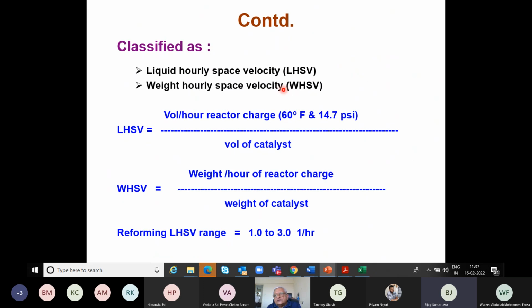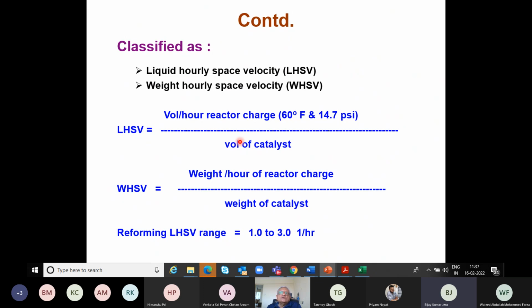And how do you calculate the space velocity? It is the volumetric flow rate, that is the total meter cube per hour of the total feed, that is the naphtha plus the recycle, upon the total volume of the catalyst. And this is the bulk volume. I'm not talking about the actual volume of the catalyst.